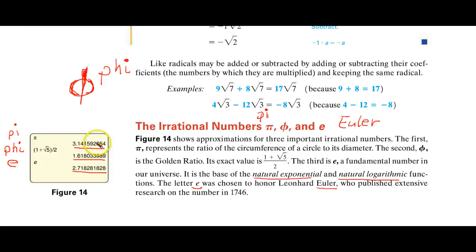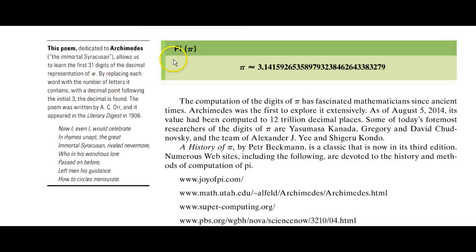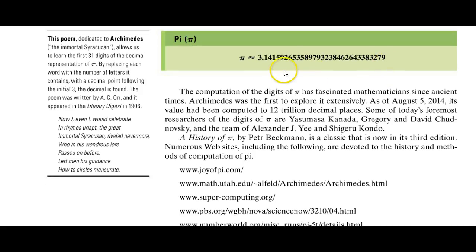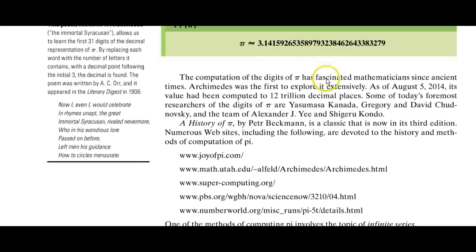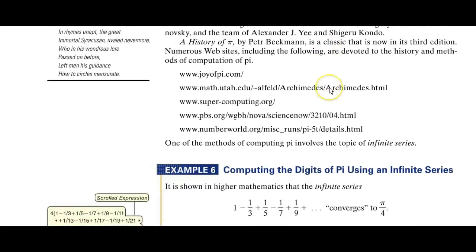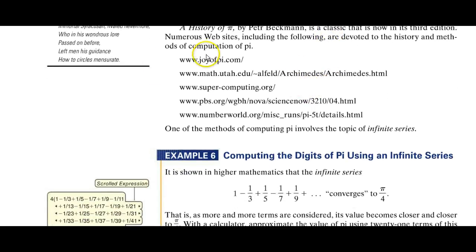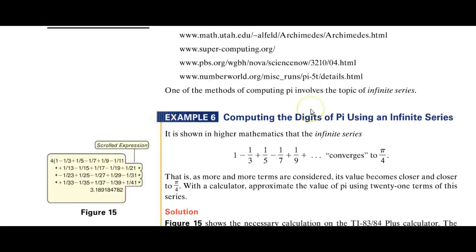Now, if I were to tell you memorize these, I would have trouble with that myself. But again, you can use your notes. And here's a closer approximation. Yes, if you're a savant, maybe you can remember that. And here are some examples of sites where you can find more about them.